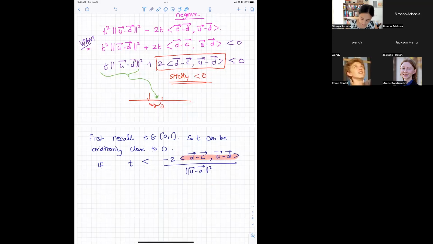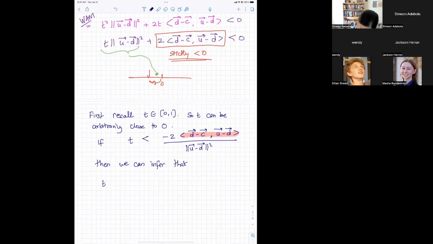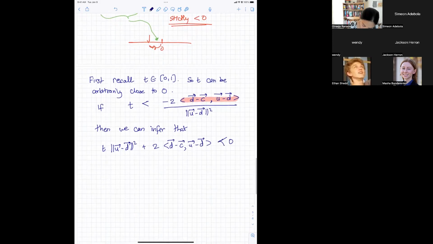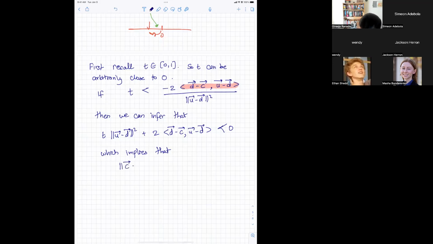So if we choose this t, people wanted me to write this down, so then we can infer that t times norm squared of u minus d plus 2 times the inner product of d minus c, u minus d, is strictly less than 0, which implies that the norm squared of c minus p is strictly less than the norm squared of c minus d.